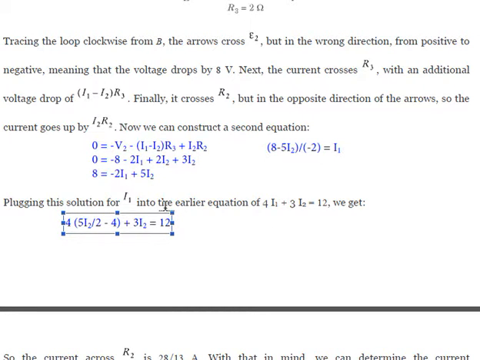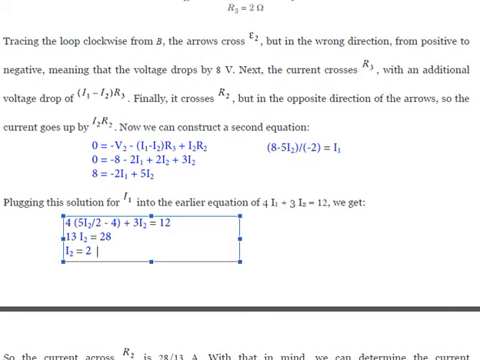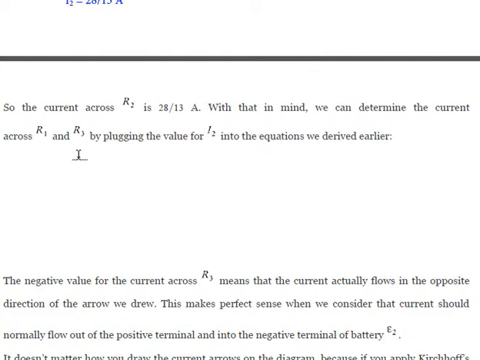Alright, so do some math stuff, and you will get down to 13I2 is equal to, sorry, 28. So I2 equals 28 over 13 amps. So the current across resistor 2 is 28 over 13 amps.